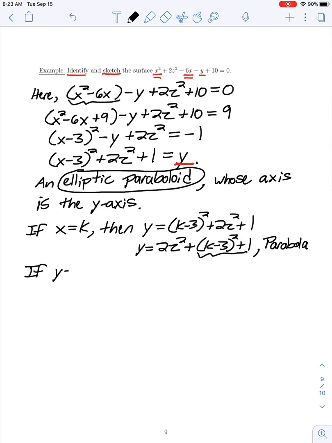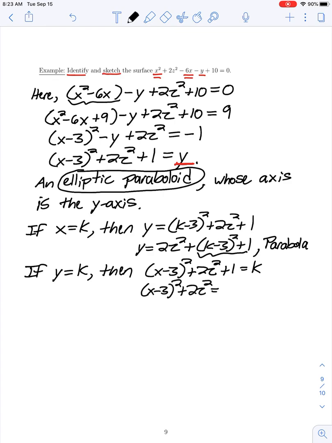Now, if we consider a fixed value of y, then we would have something of the form x minus 3 squared plus 2z squared plus 1 is equal to k, or rewriting this slightly, x minus 3 squared plus 2z squared is k minus 1.